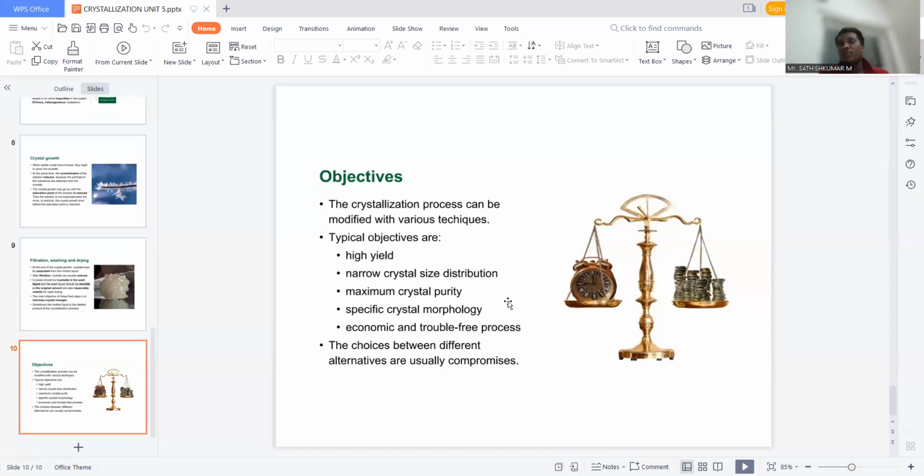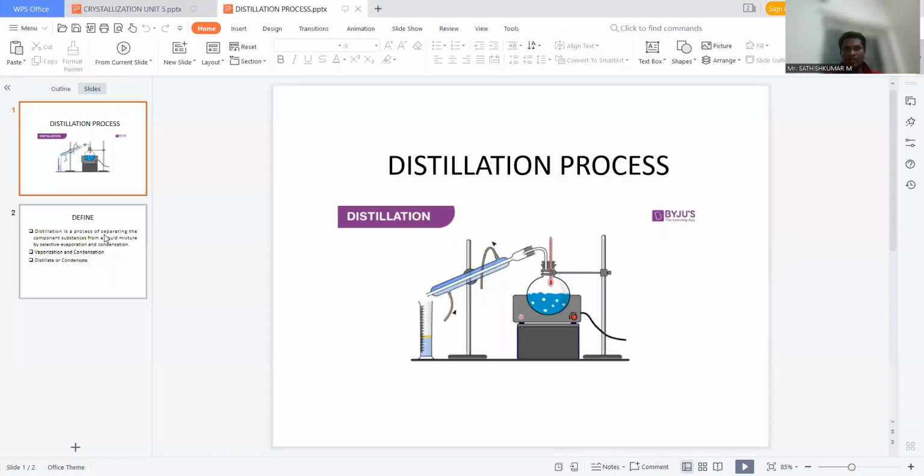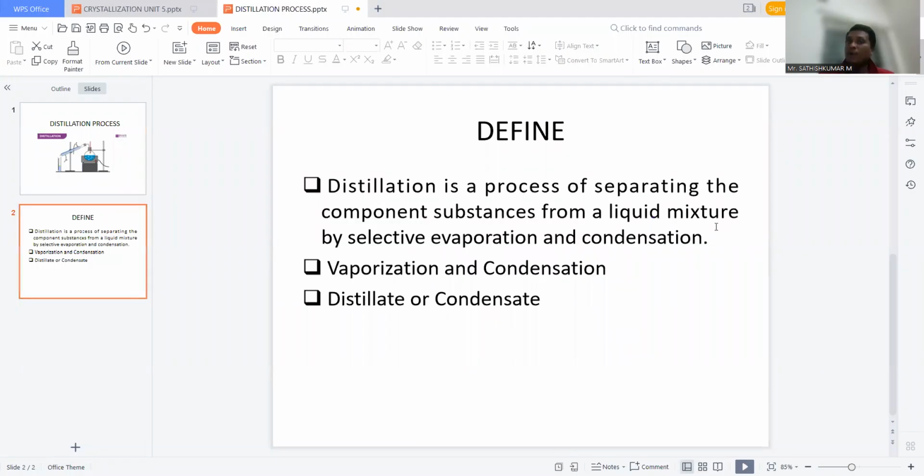After crystallization, the next important unit operation is the distillation process. Distillation is a process of separating the component substances from a liquid mixture by selective evaporation and condensation.